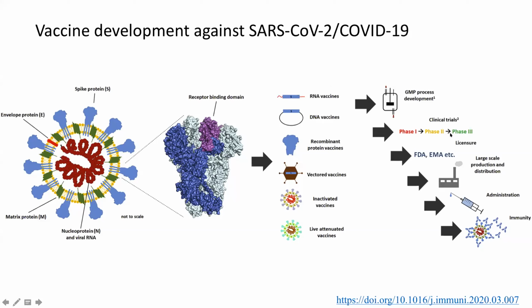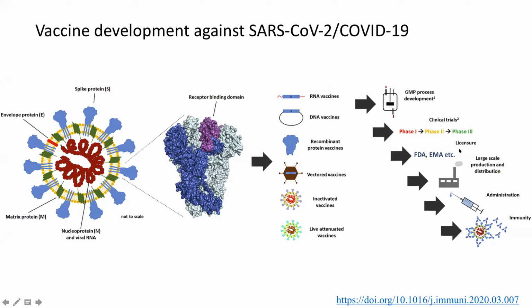They're not only looking at safety and what immune components are activated, but also at whether the vaccine is effective, whether it prevents people from getting sick with COVID-19. Usually, once approved, they start mass producing the vaccine so it can be given to humans.